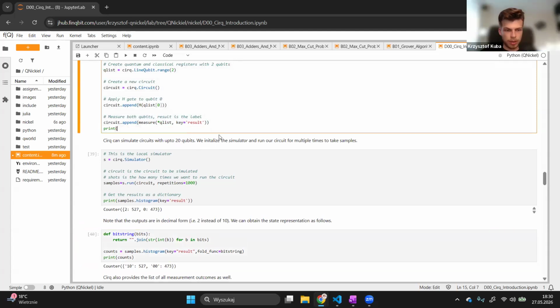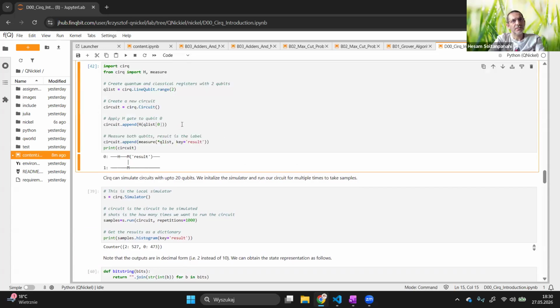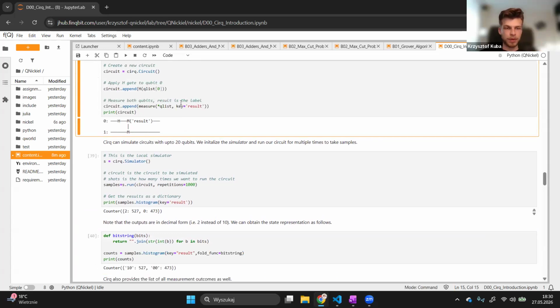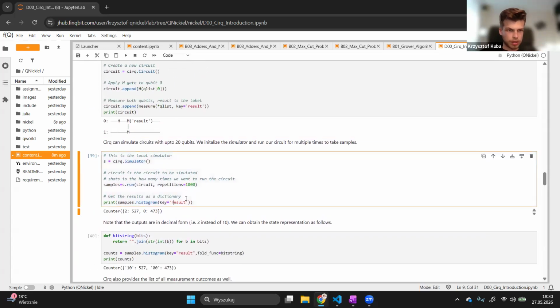So maybe we can print our circuit. Visually it is better.